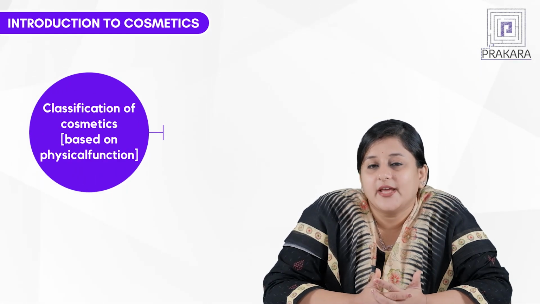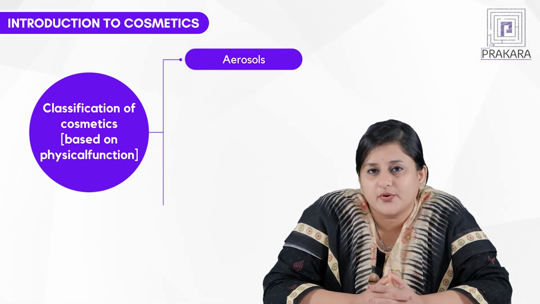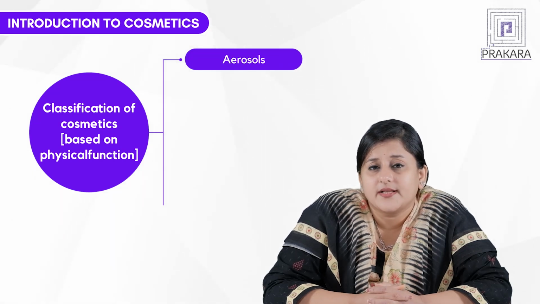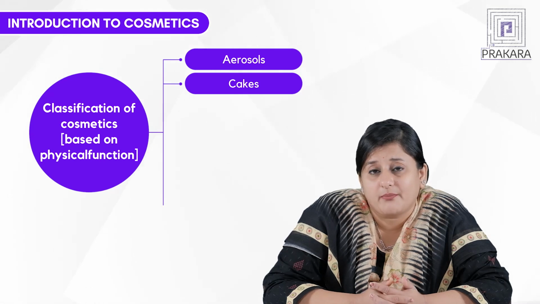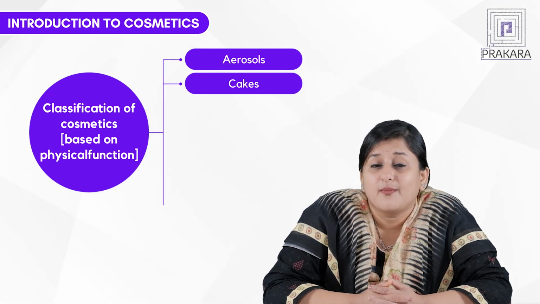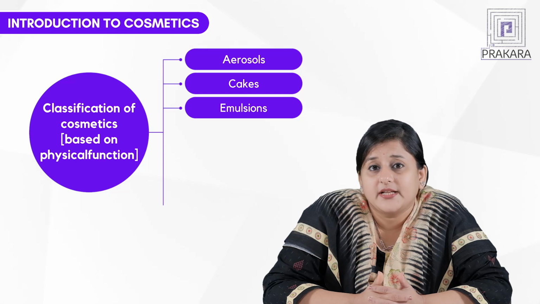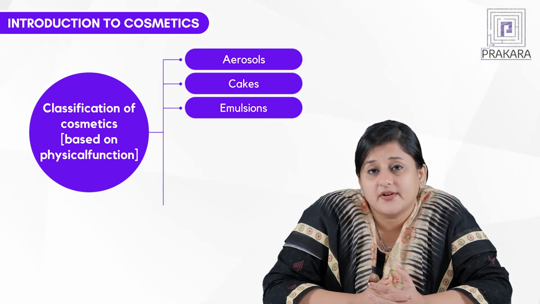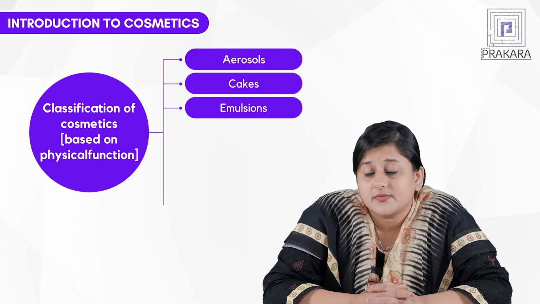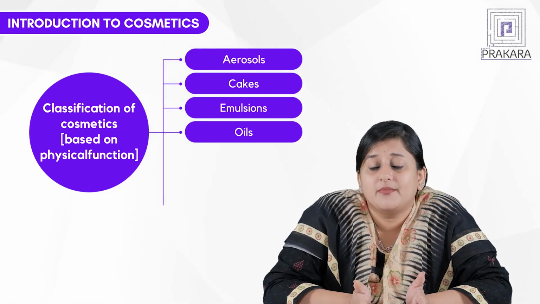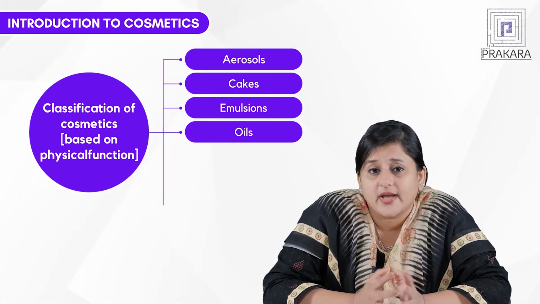For example, aerosols, which are basically hair perfumes. Likewise, you have cakes used as rouge compacts. Sometimes they come in the form of emulsions used as vanishing cream, emulsifying cream, face cream, cleansing cream, etc. Then you have oils, which come for hair purposes, like hair oils.